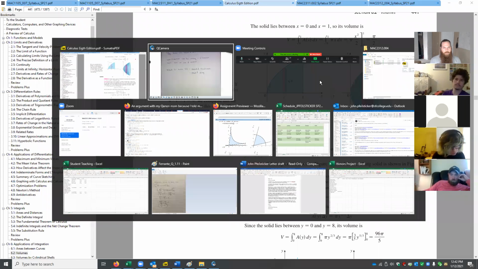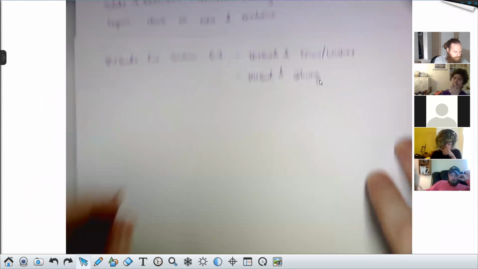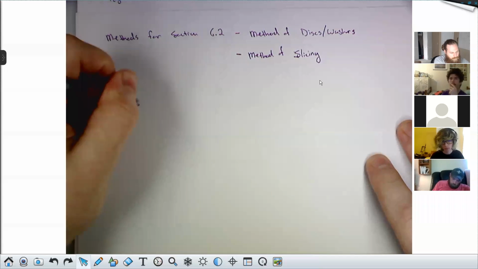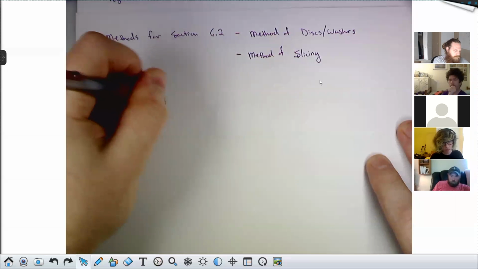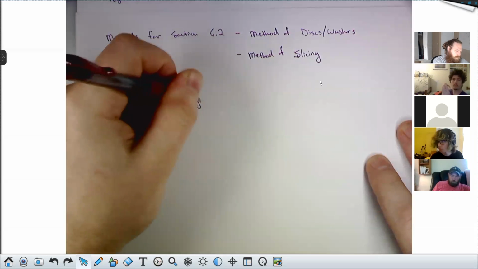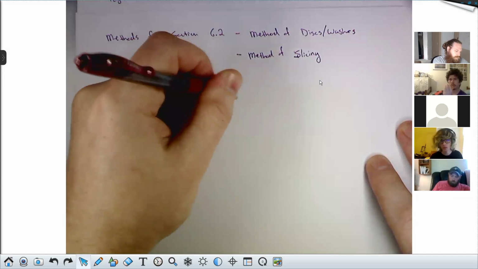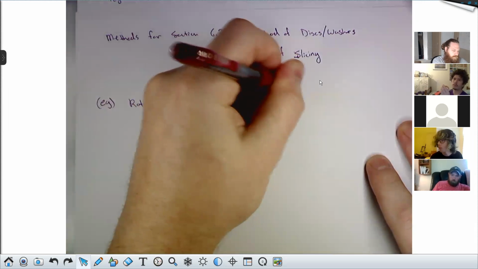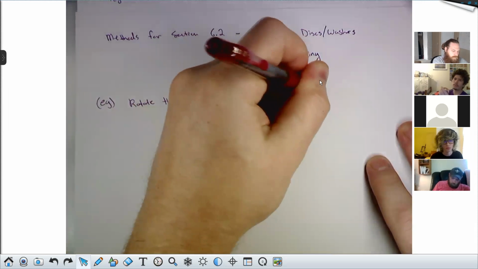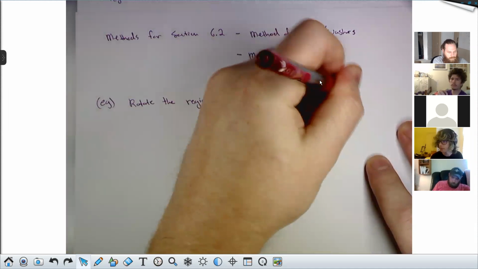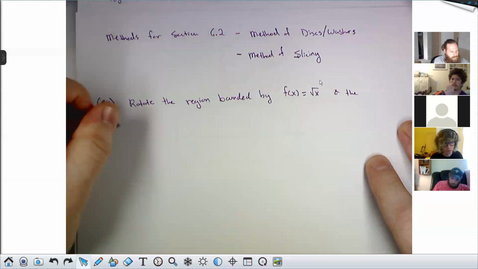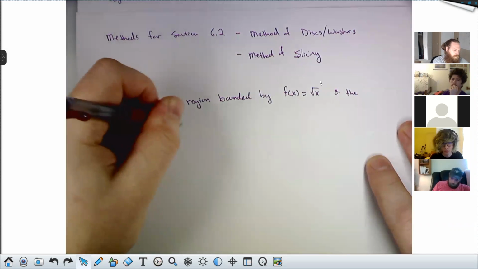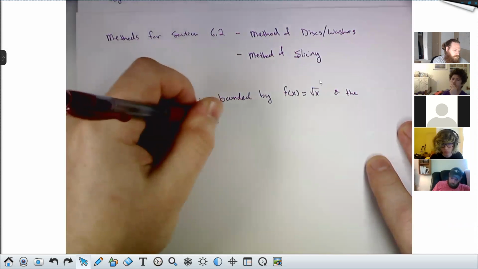Let's take the square root function from 0 to 1, and rotate the region bounded by f of x equals the square root of x and the x-axis from x equals 0 to x equals 1.